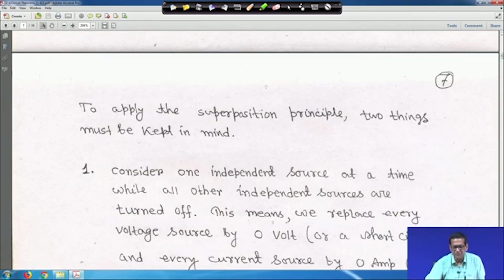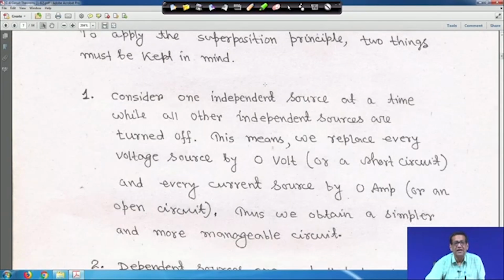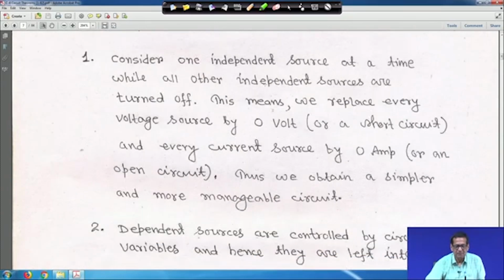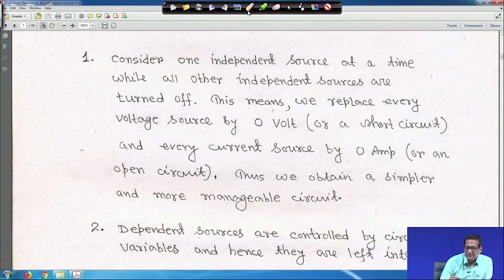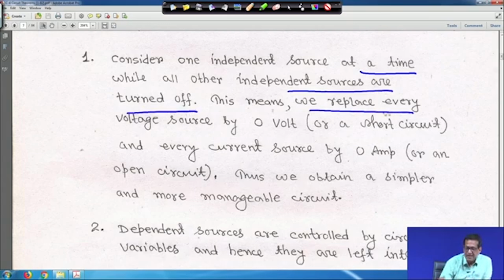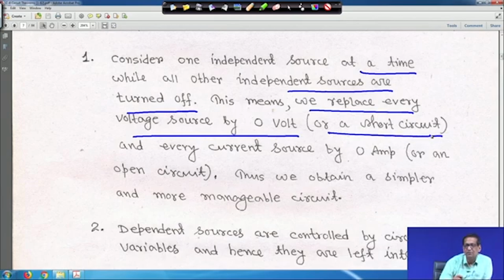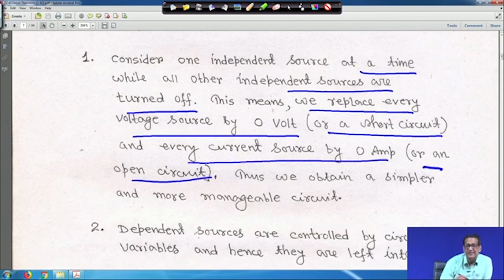To apply superposition, two things must be kept in mind, right. One, you consider only one independent source at a time, and all other independent sources are turned off. This means we replace every voltage source by 0 volt, that is, you short circuit that voltage source, and every current source by 0 ampere, that is, an open circuit, right.